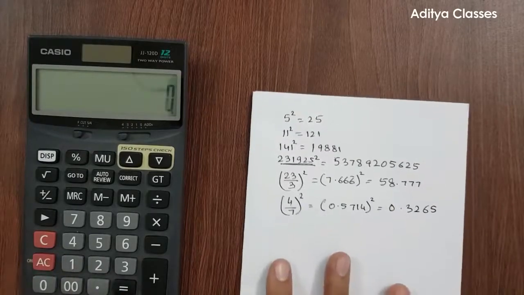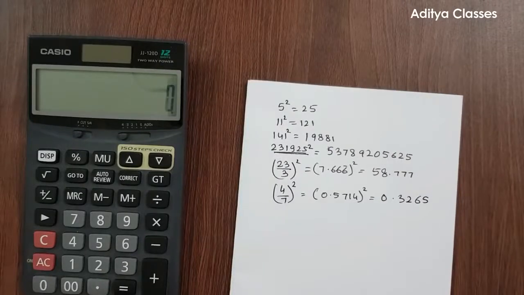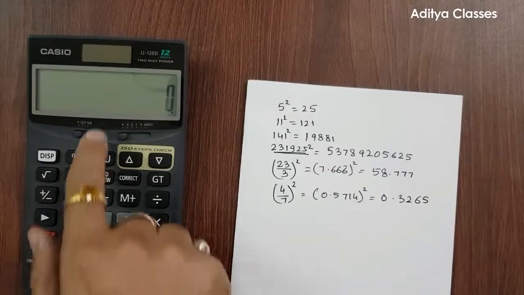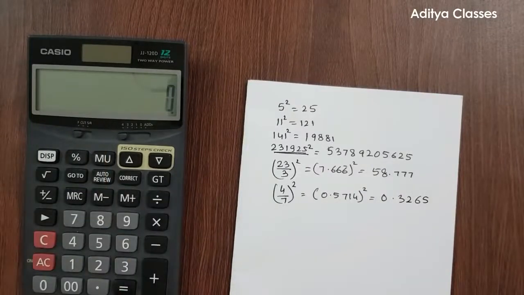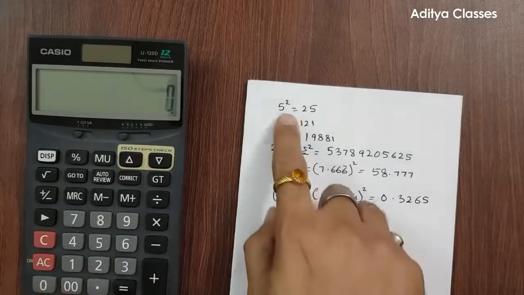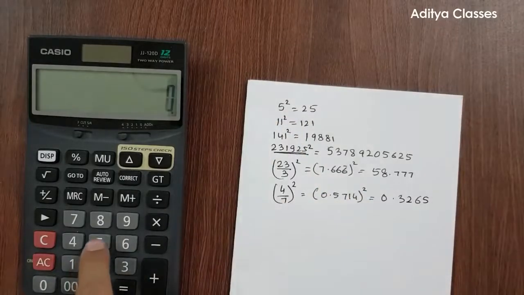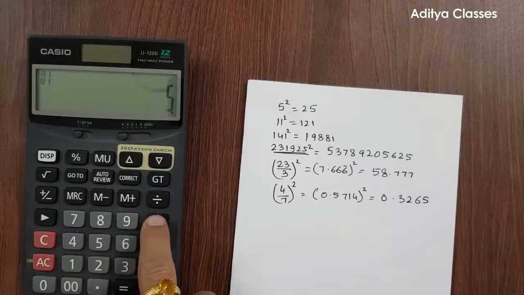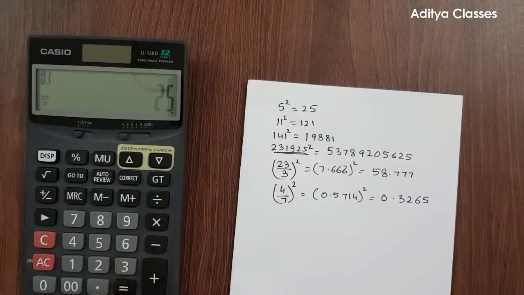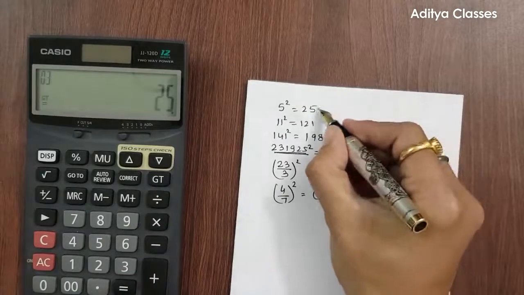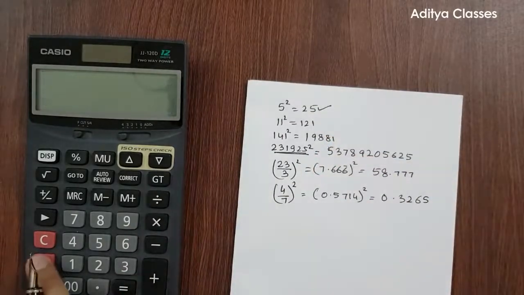Now let us learn a very quick and efficient way to get squares on our simple calculator. Let's start with the first one. It was 5 square. What I'll do is 5 multiply equal to, and we get 25. So it was simple.